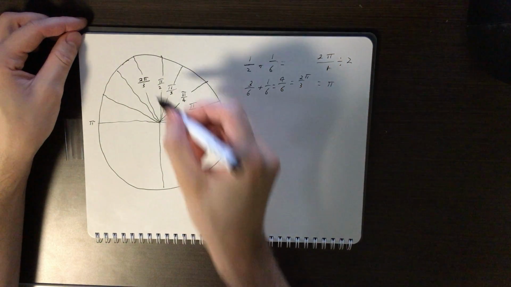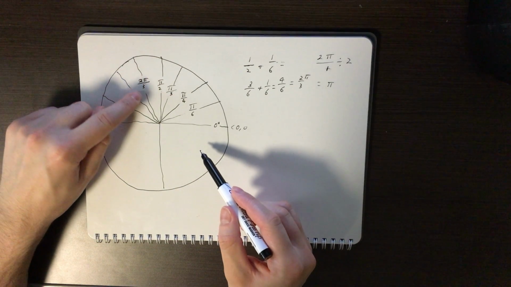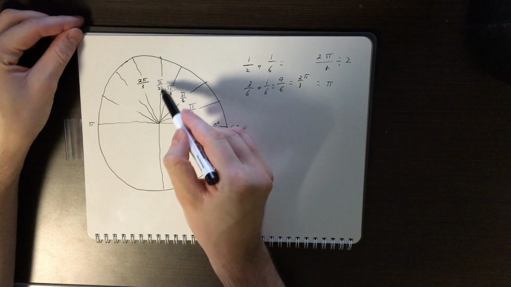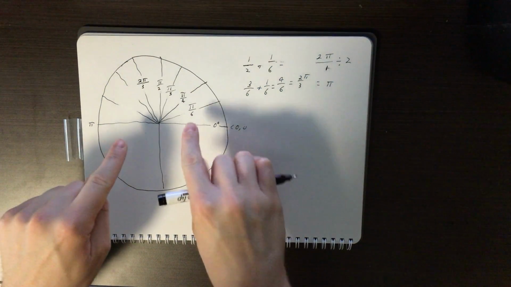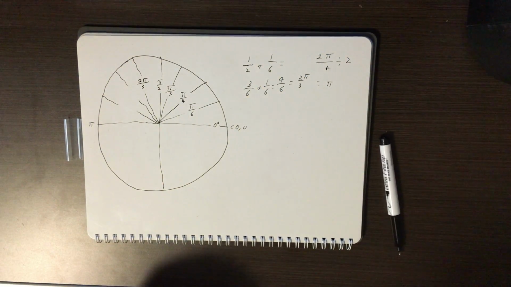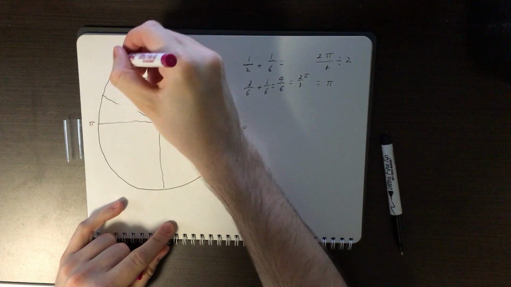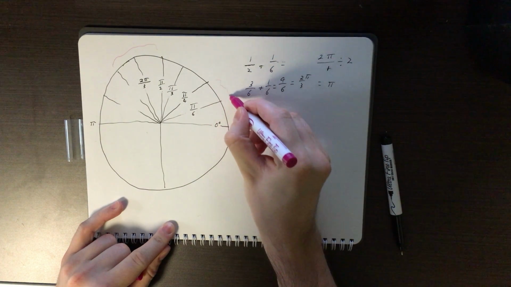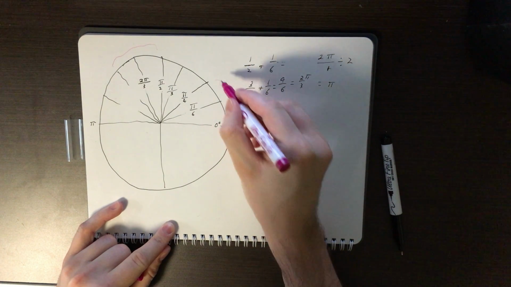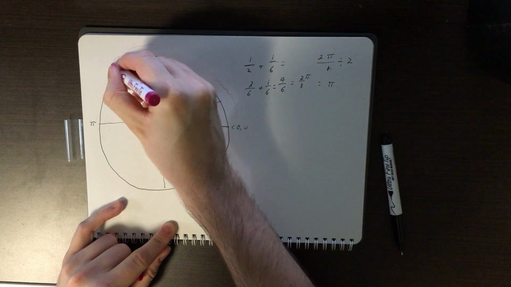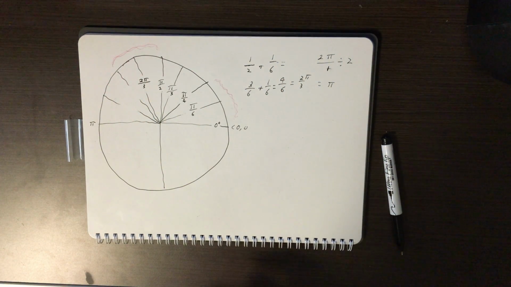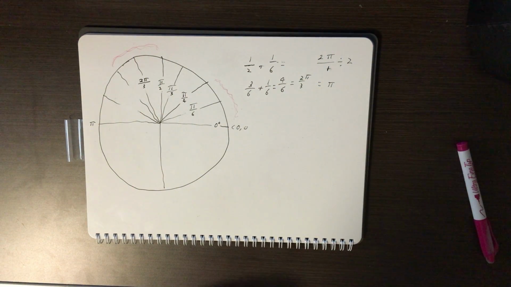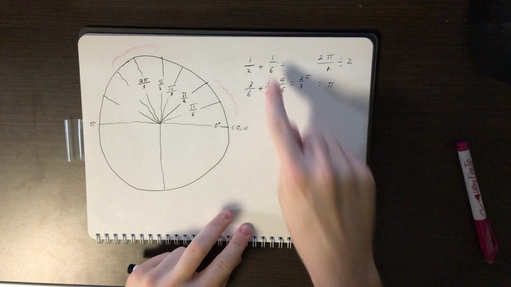So now we just do it again. Here we want pi, but we also want this section here. Let's see if we can draw this: the distance from here to here is the same as the distance from here to here. Let me draw that a little thicker. Because of that, we can say pi over 2. And let me just erase this stuff.